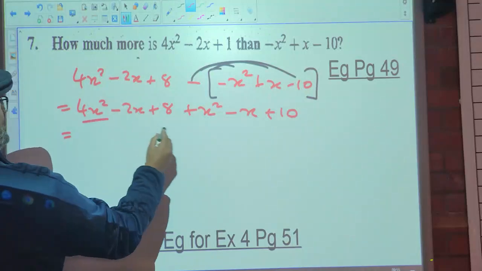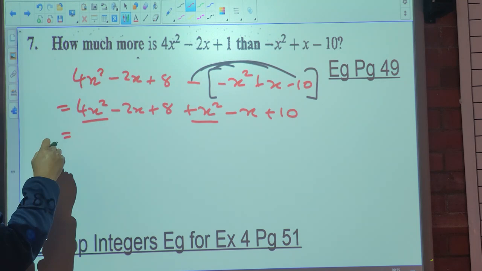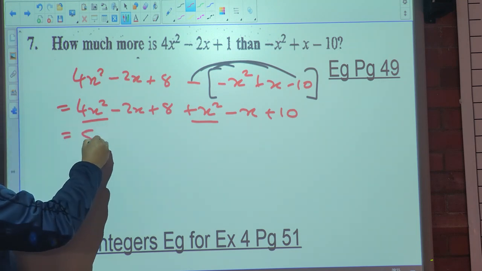So what is 4x squared plus x squared? 4 plus 1? 5. So it's 5x squared.